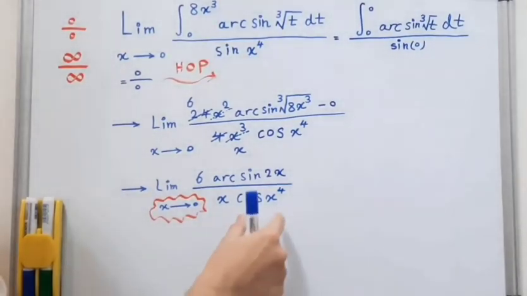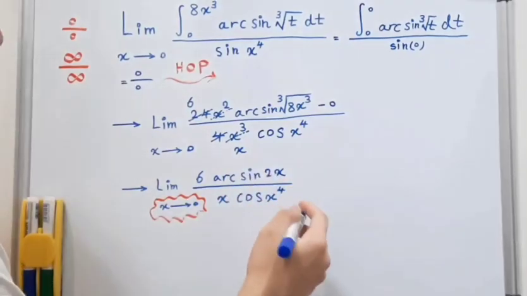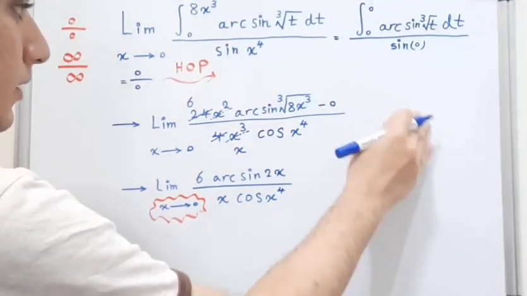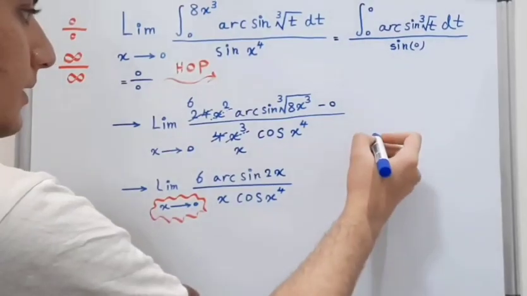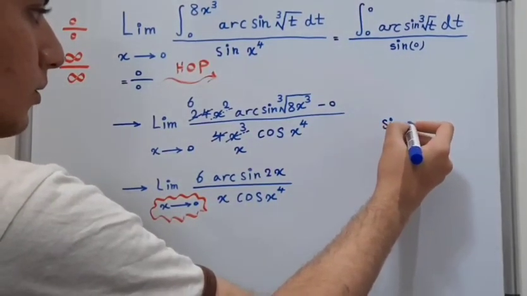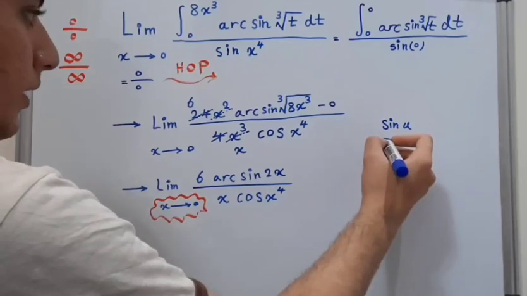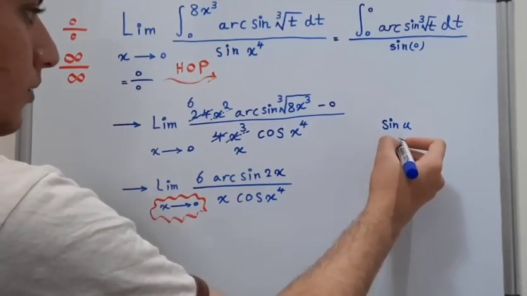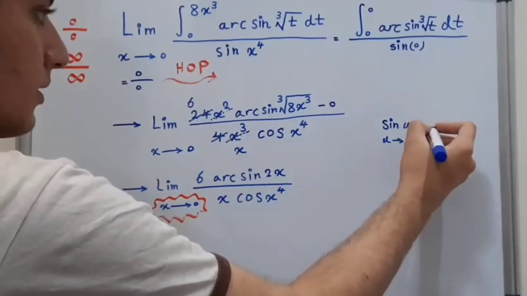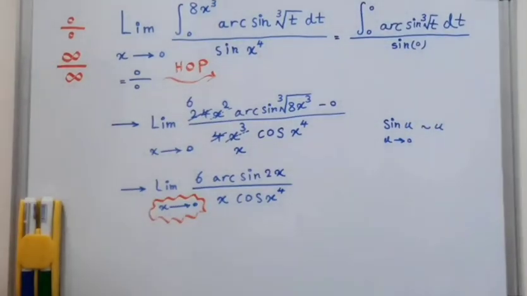And let me write it somewhere, those formulas that I want to use. Sine u when u approaches 0 is approximately u.